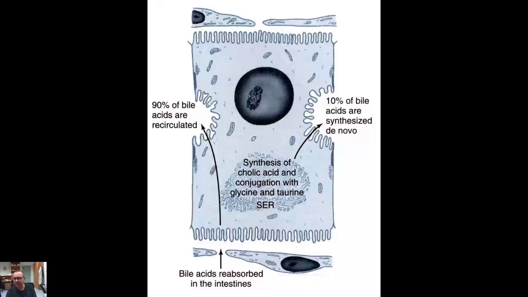Bile acids are synthesized by smooth endoplasmic reticulum, but they can also be recirculated. That means they are reabsorbed in the intestine and go back from blood to the hepatocytes and are directly transported to bile canaliculi.